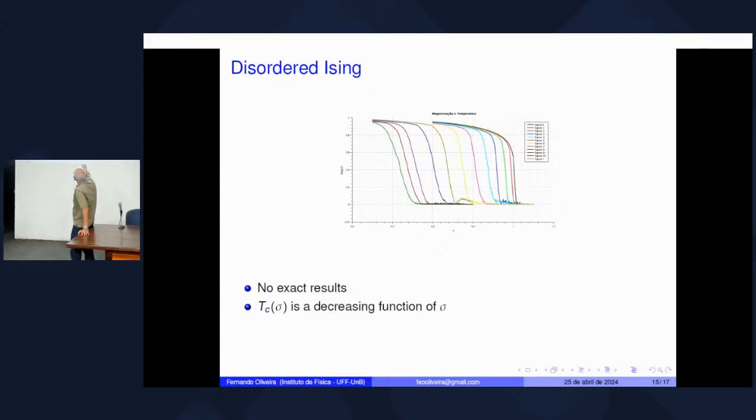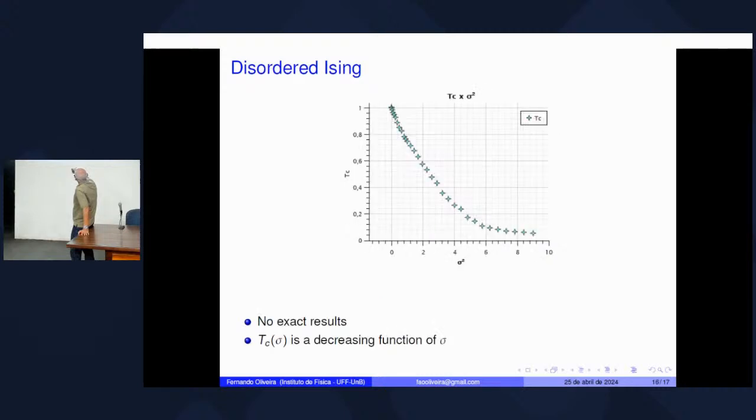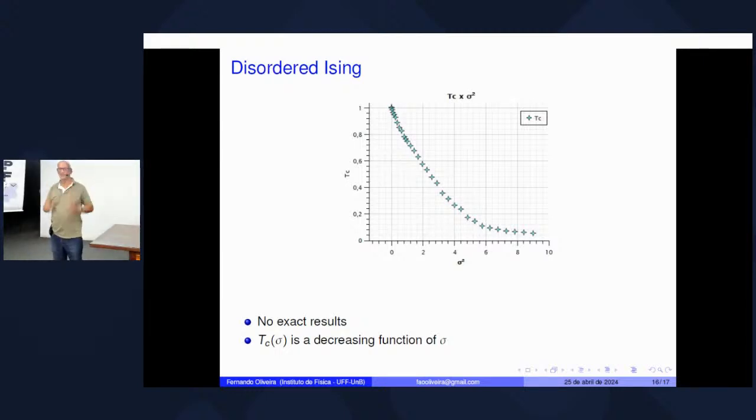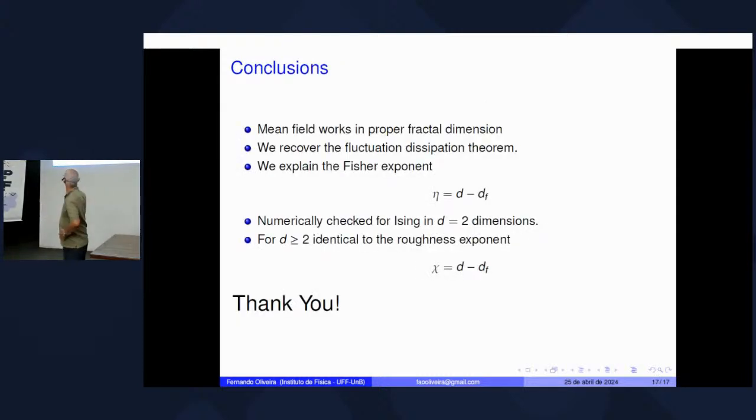And we decrease the transition temperature here, and the transition temperature becomes something like that. But still, in that situation, it's complete disorder. We don't have an exact, simple result as we had before. That's something we are still working on, and we expect to have good solutions in some time.